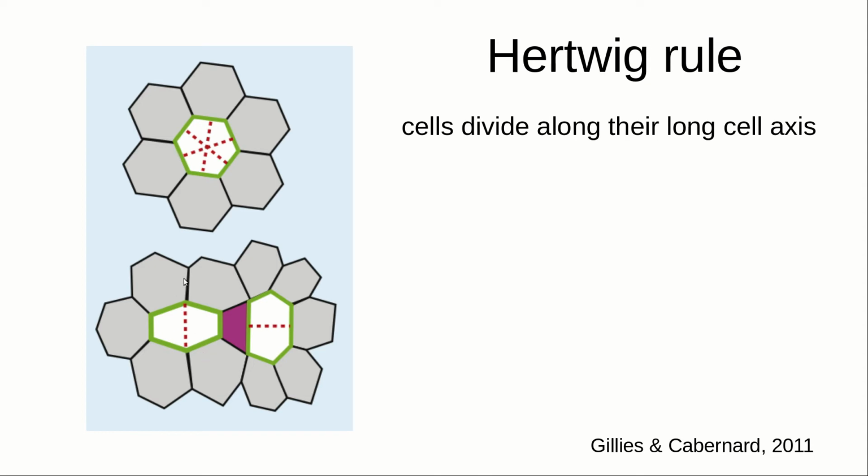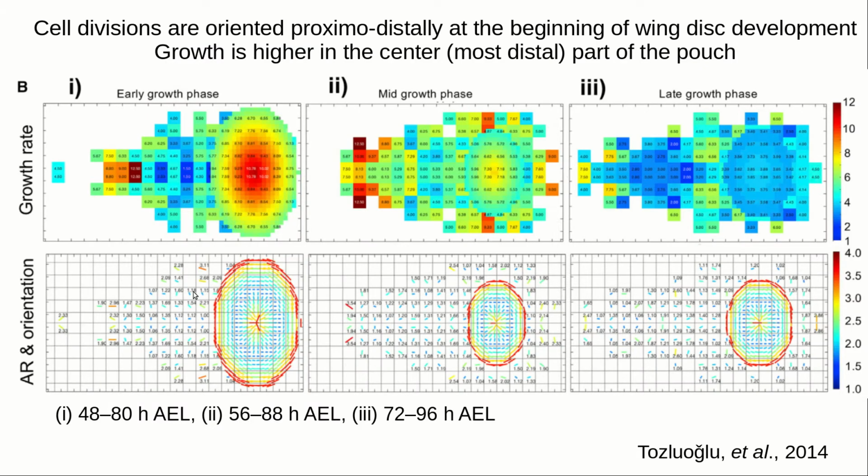So they will divide perpendicular to the longer axis. Okay, so this is a rule that it's very common that cells follow when they divide.